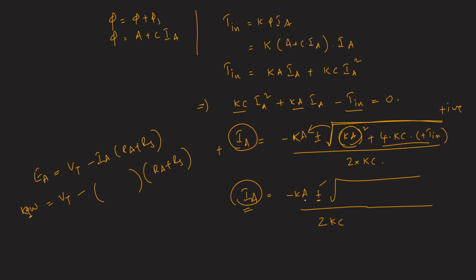Again I write phi in terms of this Ia: K into (A plus C Ia) into omega is equal to Vt minus this one. So again I represent this Ia with the same equation. It will be a big lengthy expression, right? You just substitute this Ia once again and rewrite omega in terms of tau induced. Ultimately you have a lengthy expression.